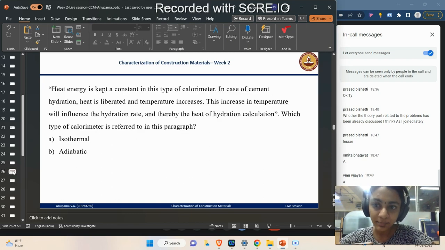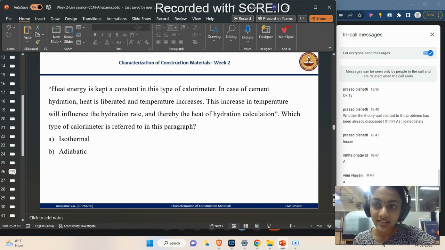Heat energy is kept a constant in this type of calorimeter. In the case of cement hydration, heat is liberated and temperature increases. This increase in temperature will influence the hydration rate and thereby the heat of hydration calculation. So this is just a few statements. Which type of calorimeter is referred to in this paragraph? So read the paragraph.